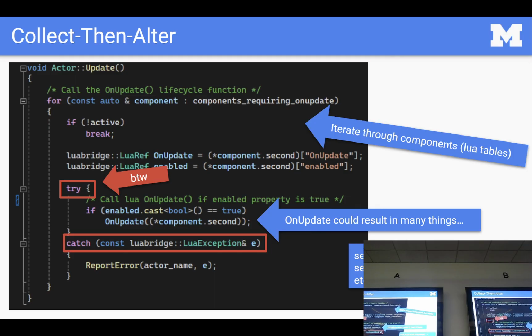If the user writes buggy code, your engine is not allowed to crash, okay? Your engine cannot crash. Your engine instead must protect this, right? Protect the engine, keep it running, and then you need to be a good engine developer and help your game designer out, help them fix their buggy code by reporting an error and telling them, hey, you've got an error, this is what the error is, and this is the line of code that the error is on, okay?